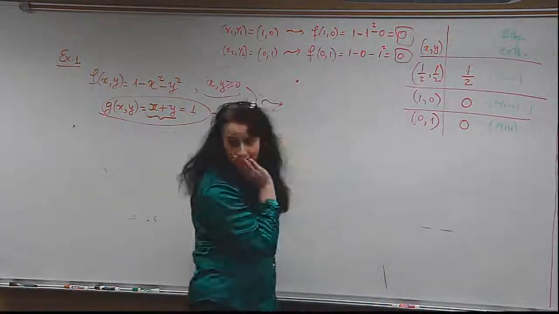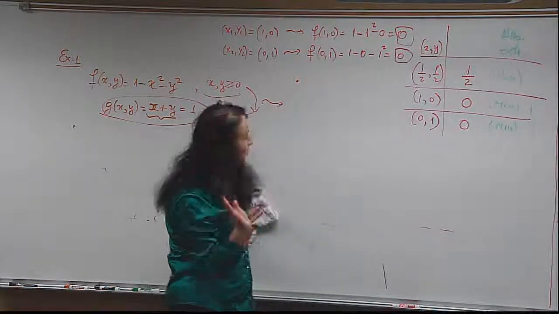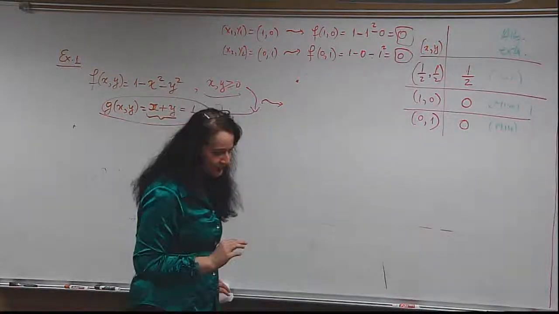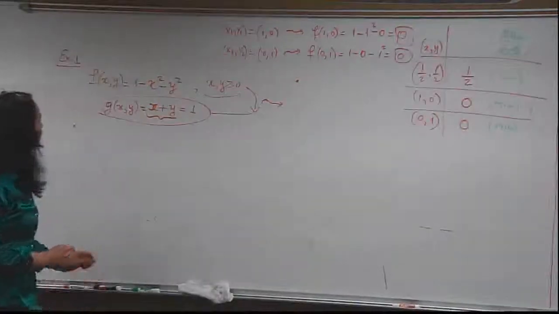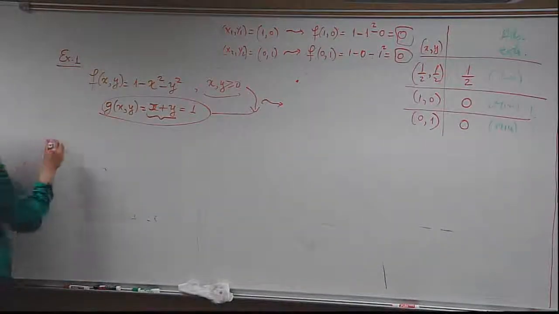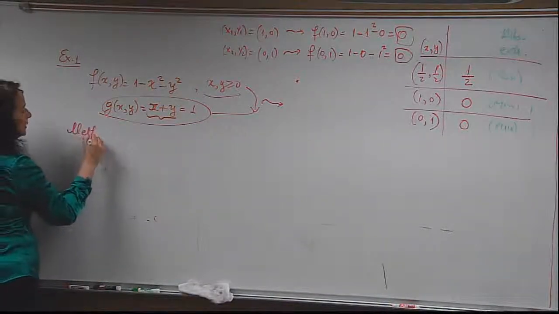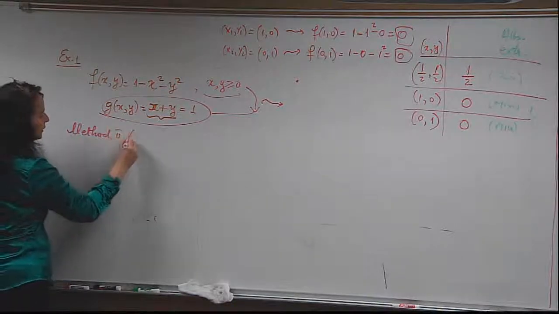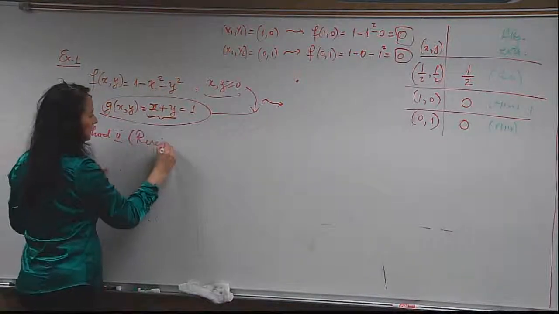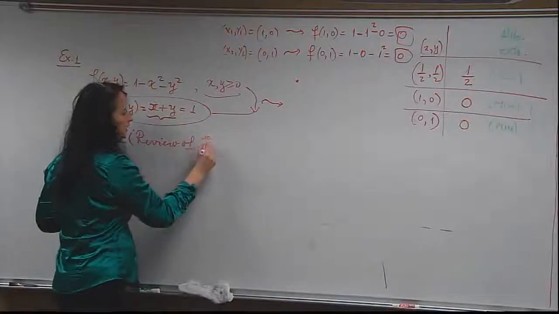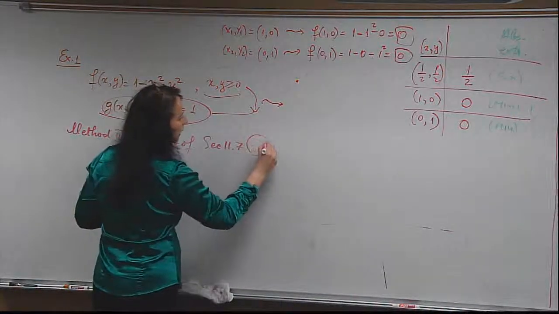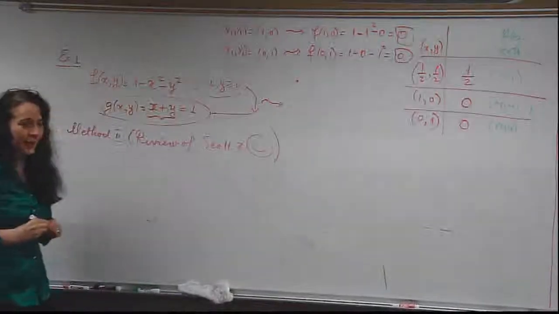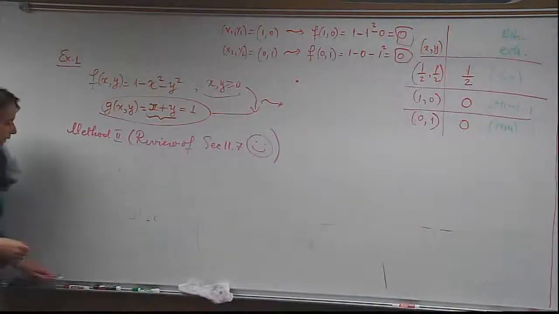No. You are my note taker, of course I will listen to you. And then let's see what method number 2 I had in mind. It's the one from last time. So this is a review of, what was the section last time? 11.7. And I'm going to make a face happy that I can have yet another application for you.